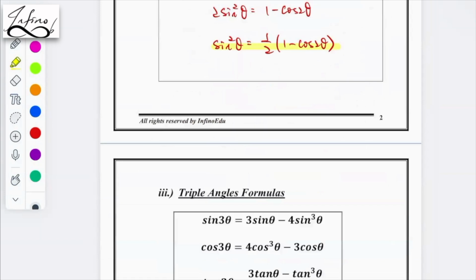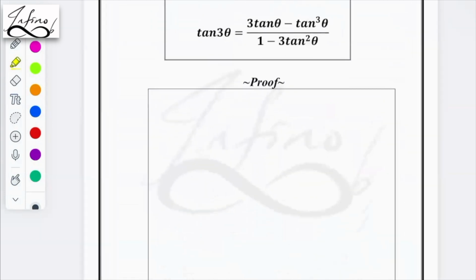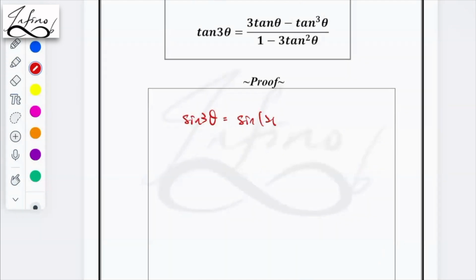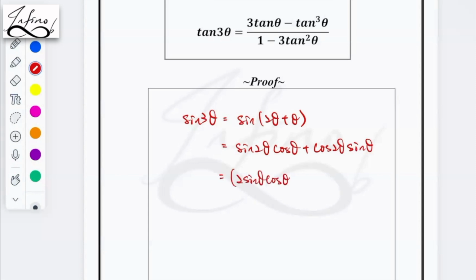And then for the triple angles formula, sine 3 theta, we derive it from the double angles formula, which is sine 3 theta is sine of 2 theta plus theta. Then we use the compound angle formula: sine 2 theta cosine theta plus cosine 2 theta sine theta. Sine 2 theta is simply 2 sine theta cosine theta, times cosine theta.